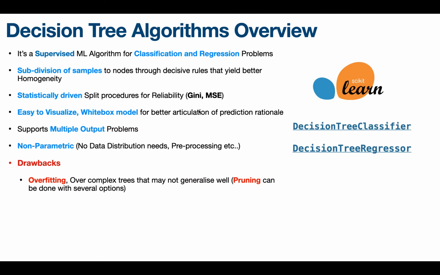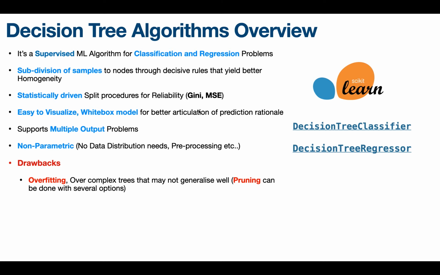Some of the drawbacks with decision trees is mainly overfitting. Since decision trees work on data conditions, depending upon the number of conditions that it chooses, it can really be overfitting, meaning it's very customized or close to the training data itself, and it may not perform very well on real-time data.